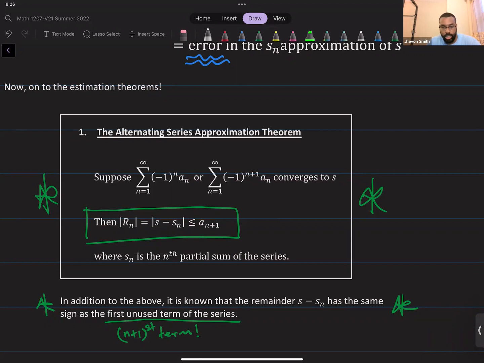And you can actually determine how many terms you need to get a certain error by setting a_(n+1) less than that error. And then you just solve that equation for n, and it will tell you what size your n has to be. That tells you how many terms you need to add up to get to that level.